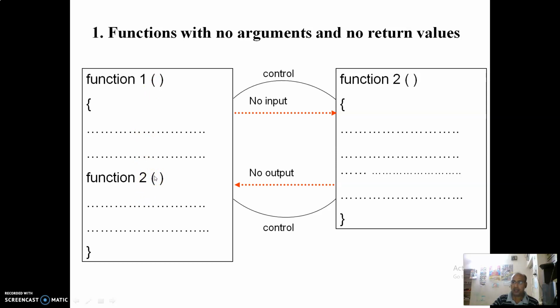Function 2 also does not contain anything, that means no arguments. When the compiler jumps to function 2, this is the function 2 body, that is the definition of function 2. In function 2, there are no arguments and no return type. That means no input, no output.